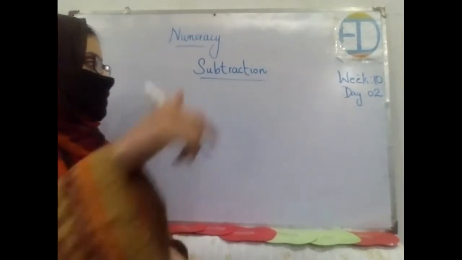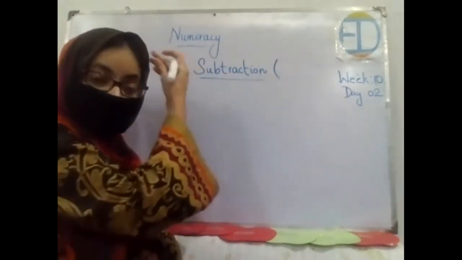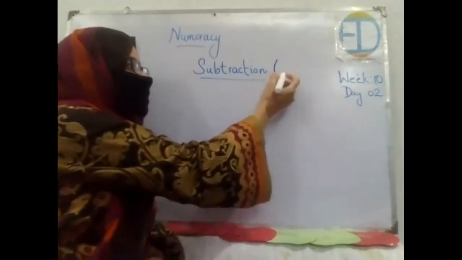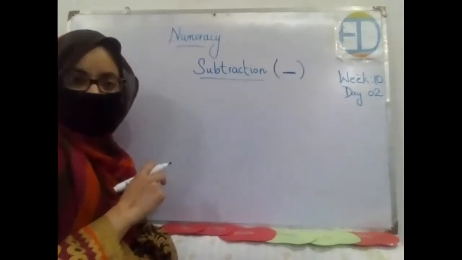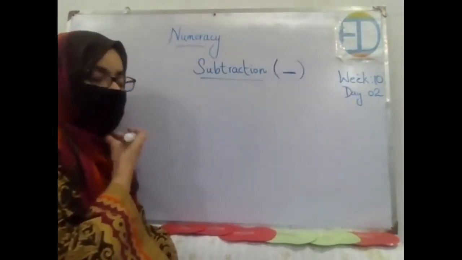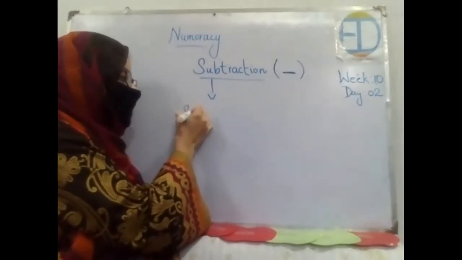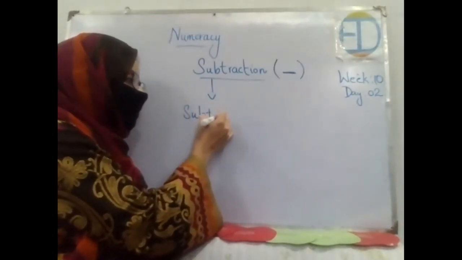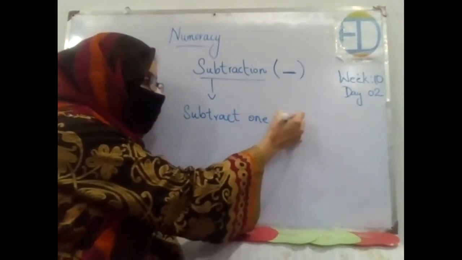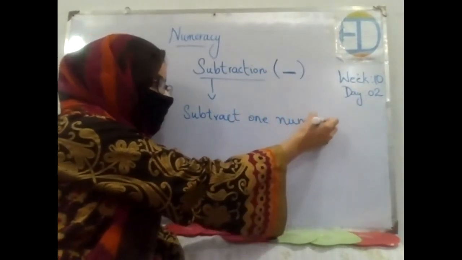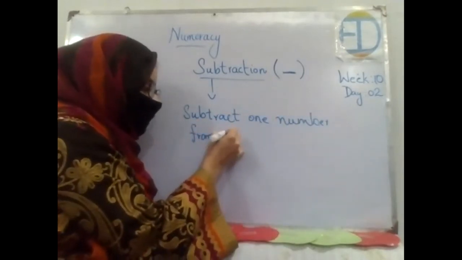Subtraction is one of the mathematical or number operations, and it is represented by this sign, a small dash. This is the sign of subtraction. In subtraction, we subtract one number from the other number.